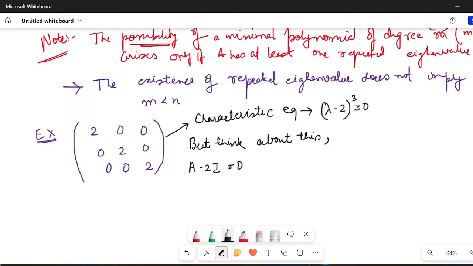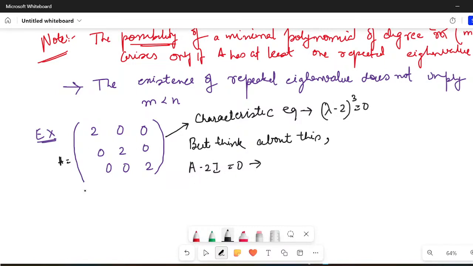Just think about it. Yes or no? Clearly you can see A minus 2I is equal to 0. Let's say this is your A, and if I subtract 2I from my A, I'll simply get 0. What does it imply?